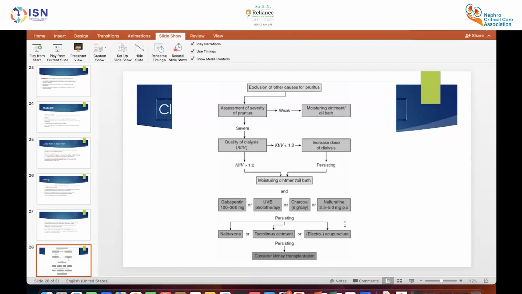So they thought that probably uremia per se is causing some T cell mediated reactions, which is causing this uremic pruritus, and they started using tacrolimus ointment, and they found a little bit better response to it. So that's why this tacrolimus ointment 2% has been advocated and found in pharmacy.